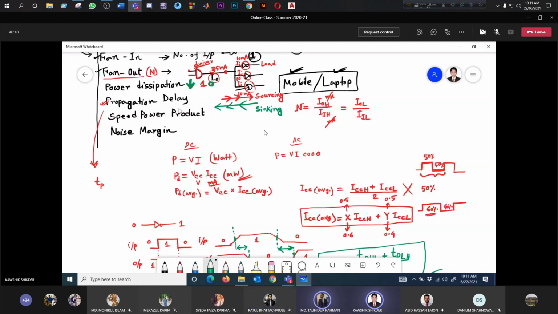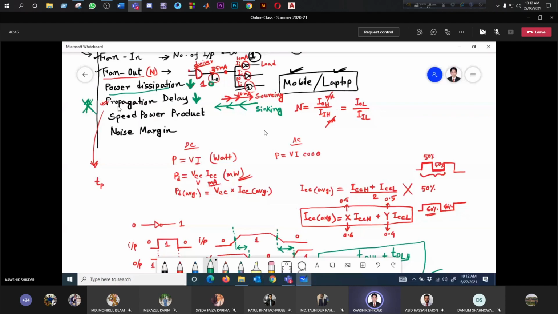No. If it's minimum, that means we will get the faster device, because if the propagation delay is maximum, the processing time is very high. So power dissipation and propagation delay both should be minimum.